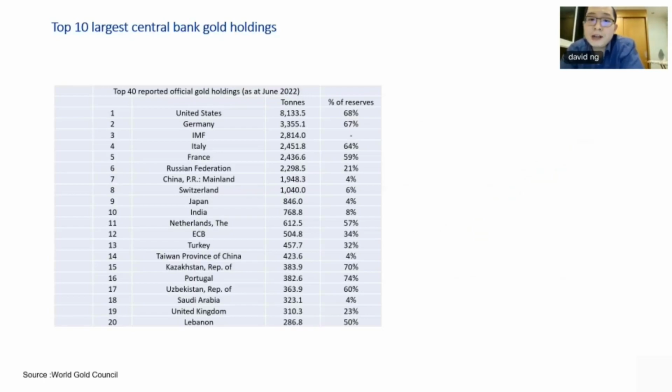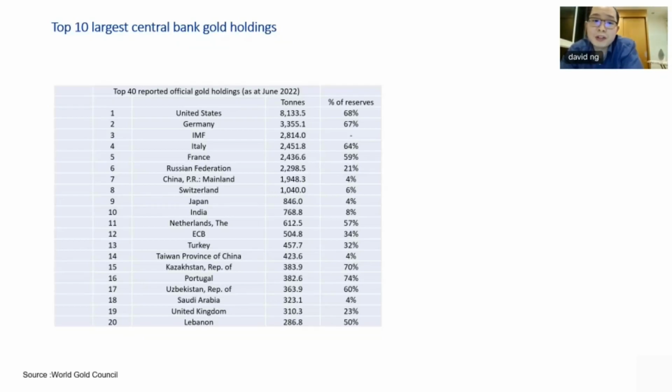Whenever you are looking to trade the gold market, always be aware of the factors that affect the demand for gold. Central banks are one of them. Currently, among the top 5 countries, the US is the top in terms of gold reserves, followed by Germany, Italy, and France. So the gold reserve is substantial.